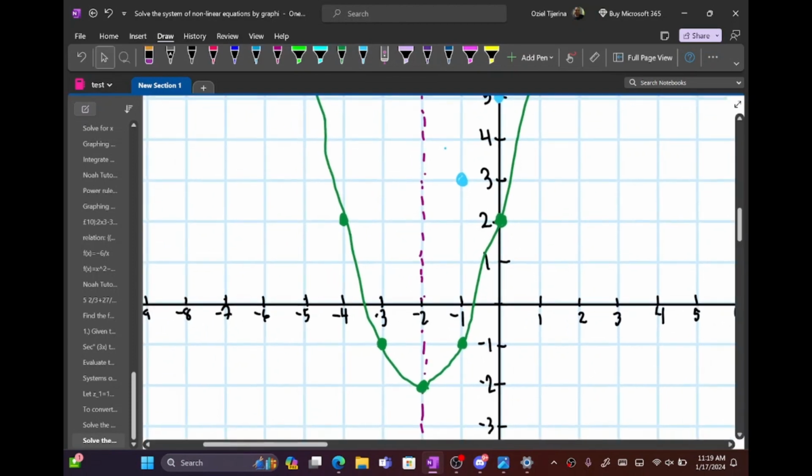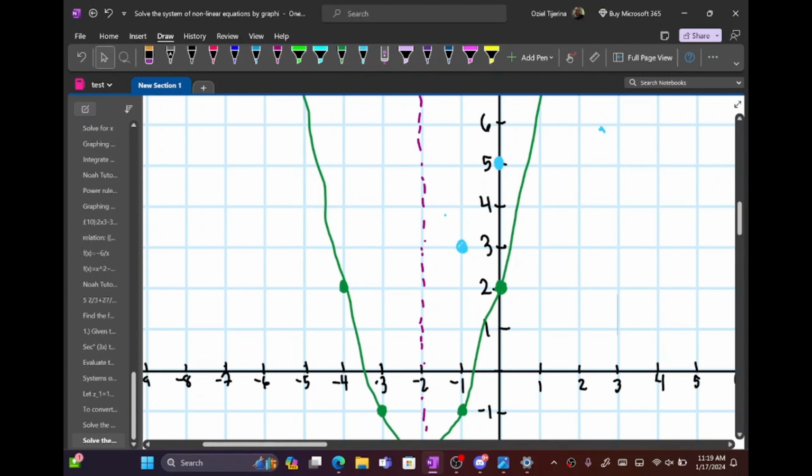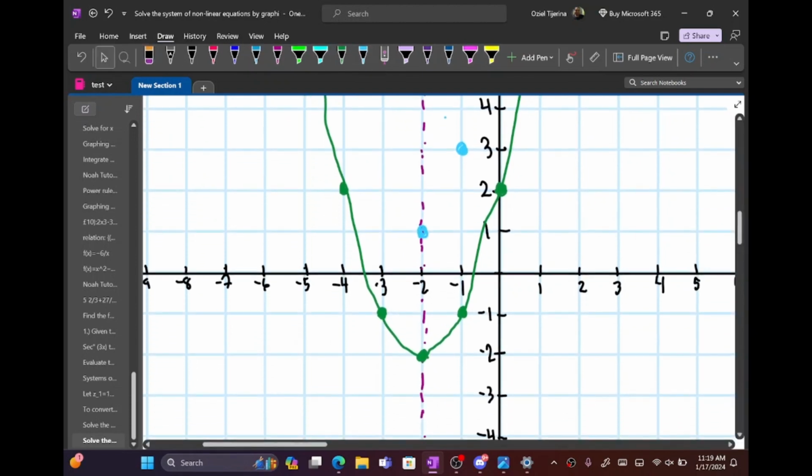Then you're going to do it again until you reach as many points as you can. So we have a point right here. Hold on, guys. Oops, no, that's not it. Right here, sorry.